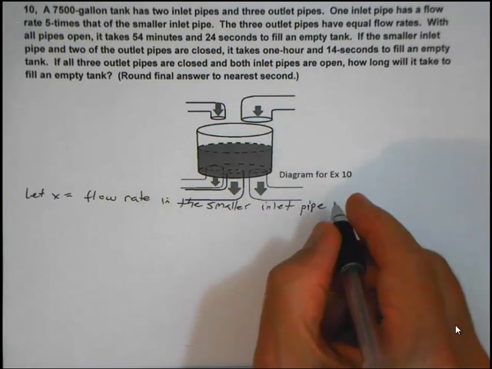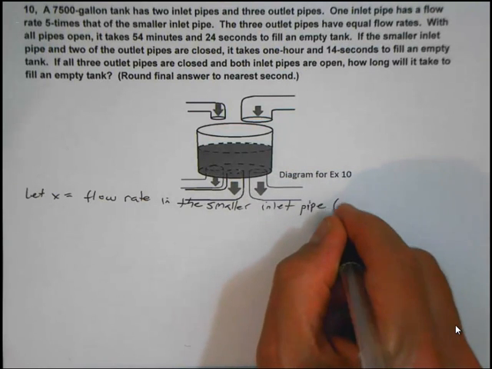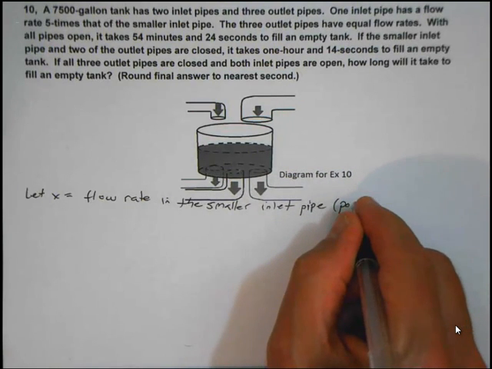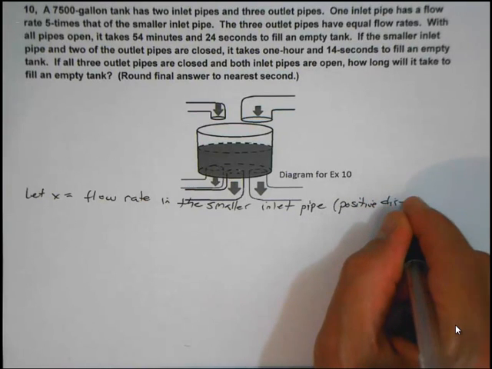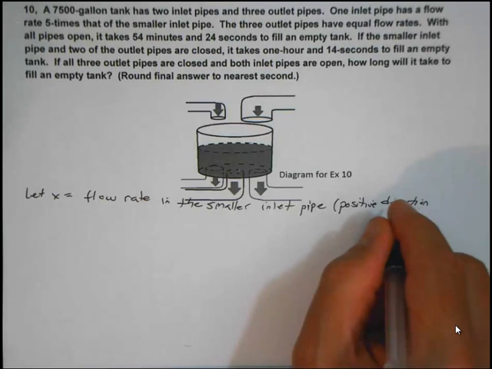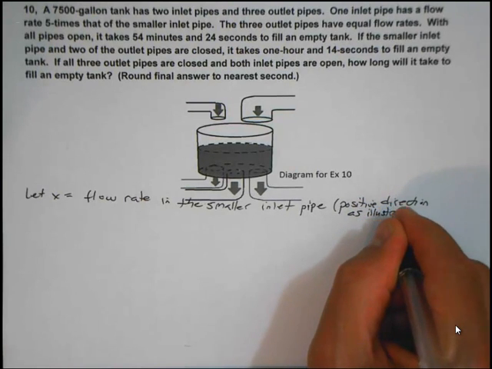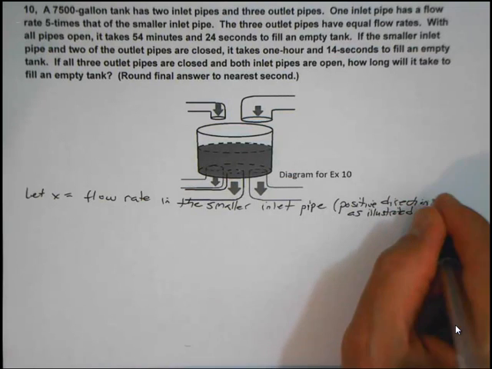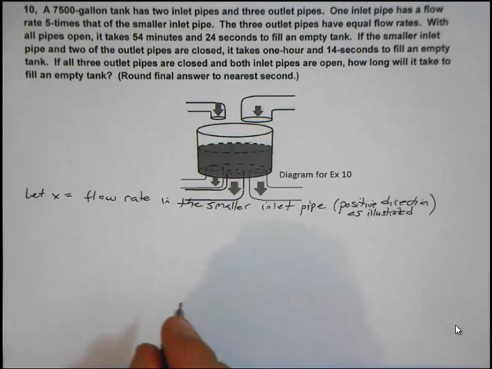So x is the flow rate in the smaller inlet pipe, positive direction as illustrated, and the units of measure: flow rate, gallons looks like the certain choice for volume.